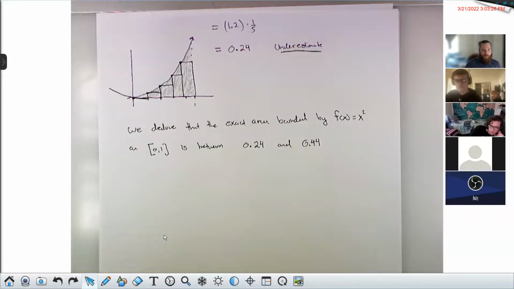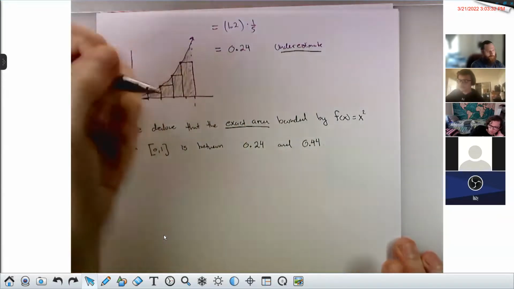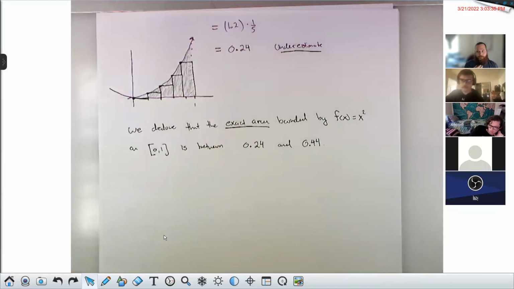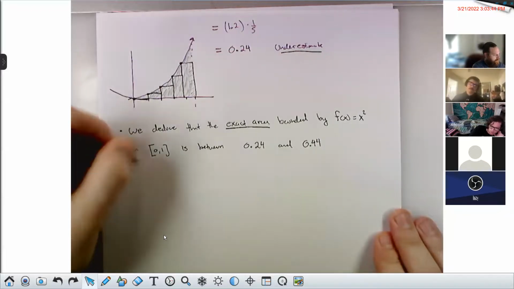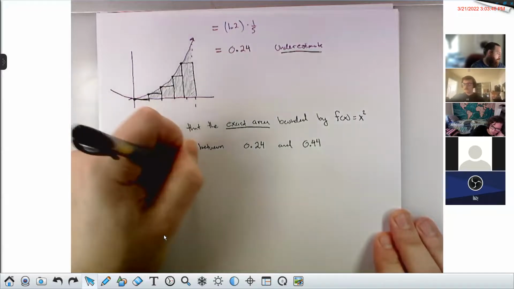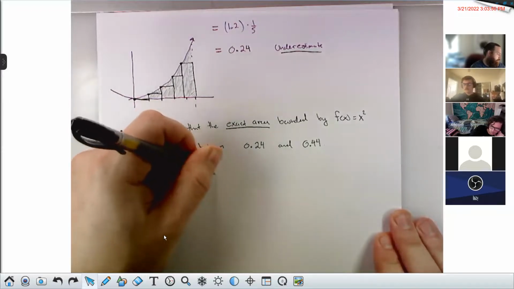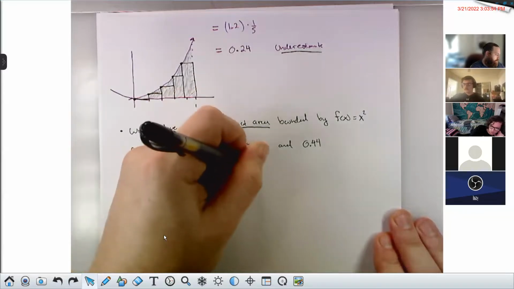Now, a fun question is, how can we find that exact area? Or maybe a gentler question, how can we improve our approximation?